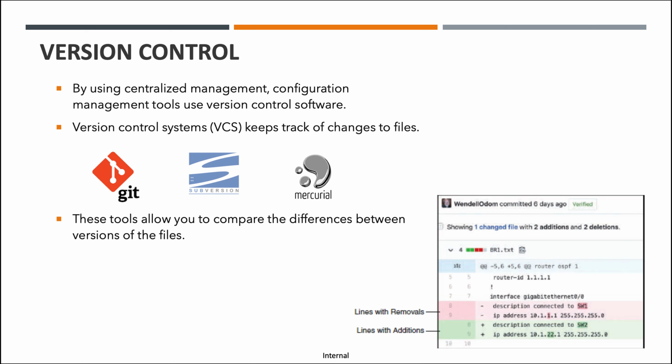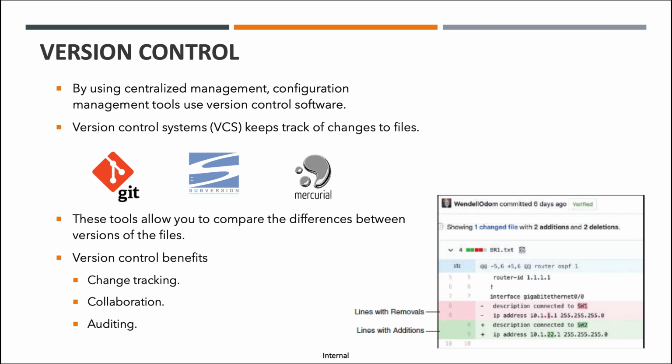So version control software solves many of the problems and offers several benefits, such as change tracking, which keeps a history of all changes made to the configuration files. Then collaboration, which allows multiple network administrators to work on the same set of configuration files without any conflict.